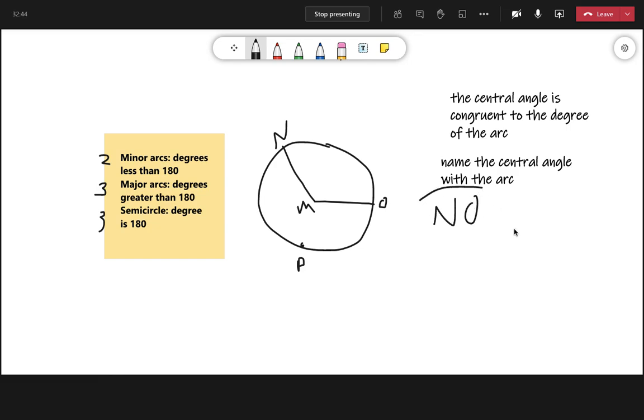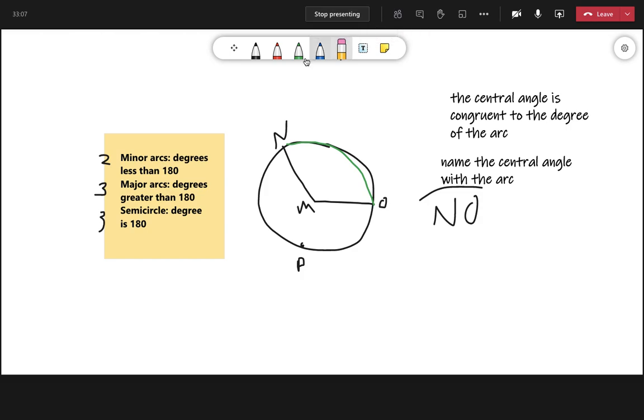We're going to find the central angle for NO, for this arc right here. We're going to start by highlighting our arc. So it goes from N directly to O. It does not pass P. If it were to go the other direction, we would have to write NPO because it tells you the next one it has to go to. But we're not looking at that one.